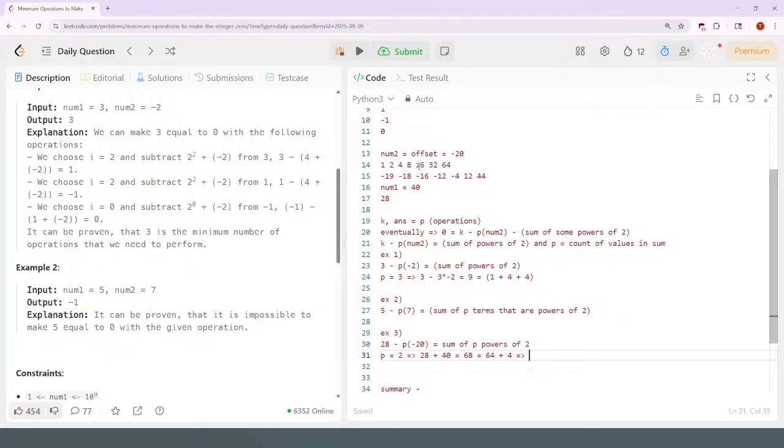So it works with two terms or two operations. Each operation is another offset, subtraction, and another power of 2. Subtraction, really.